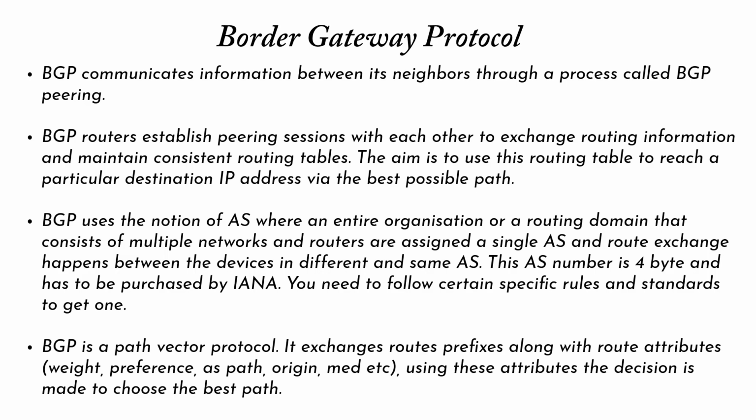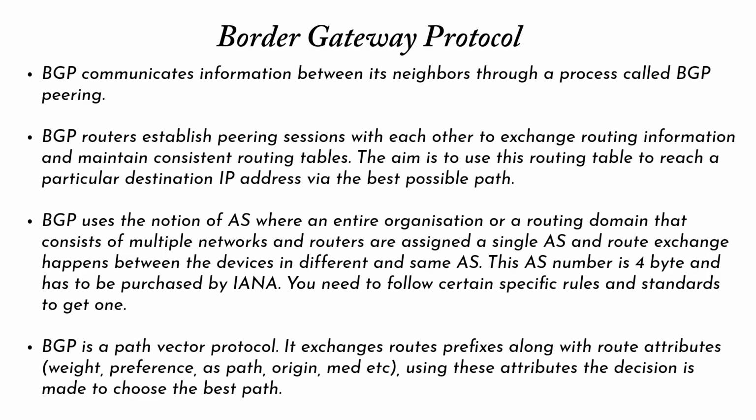Route attributes are nothing but certain characteristics of the route that will be associated with the prefix. These characteristics are configured by you as a network engineer. You will configure these route attributes. They could be a preference, the weight, or the AS path, the number of hops it has taken to reach a particular destination.